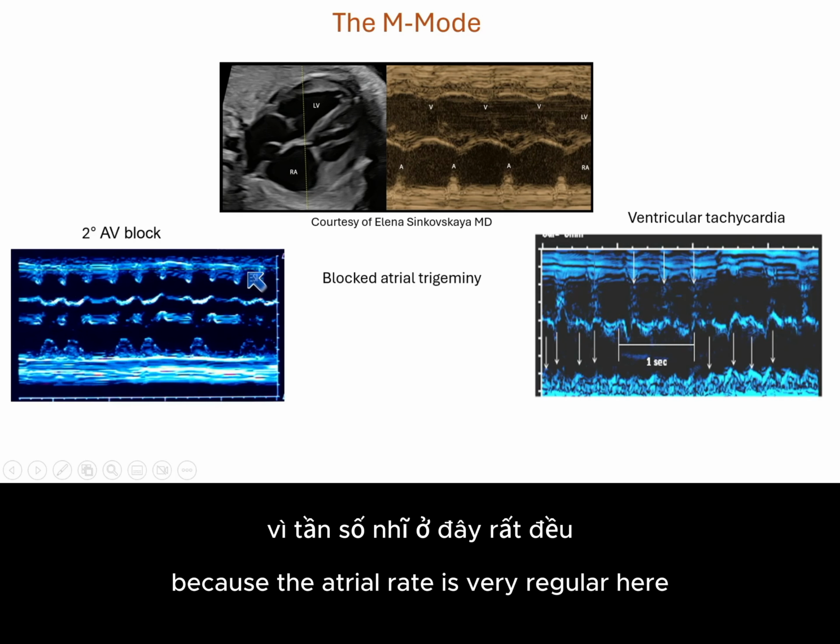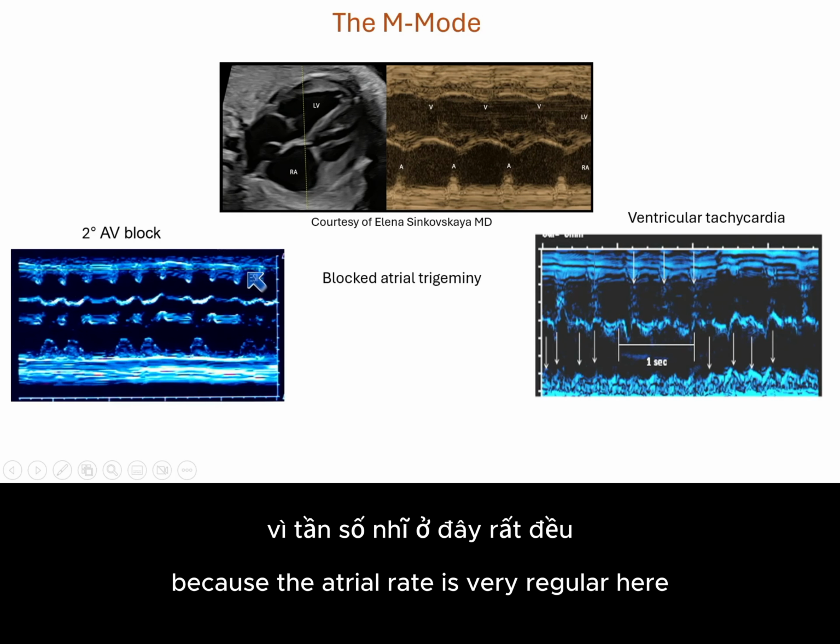When you have ventricular tachycardia, you have an atrial rate up on the top here that's slower than the ventricular rate. And I know this isn't really tachycardia, but this was just such a nice example of blocked atrial trigeminy. This is the atrium here, and you can see that every third beat looks different in shape, and that is the premature atrial beat there.